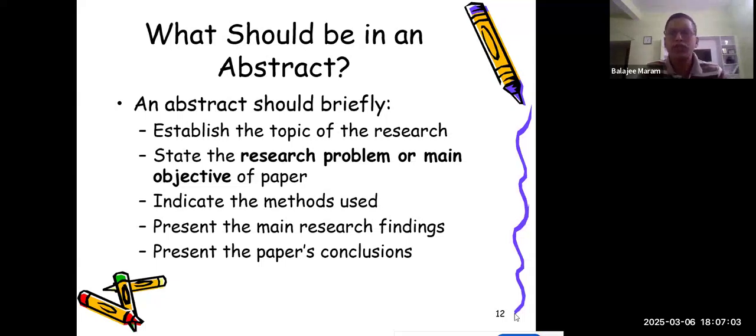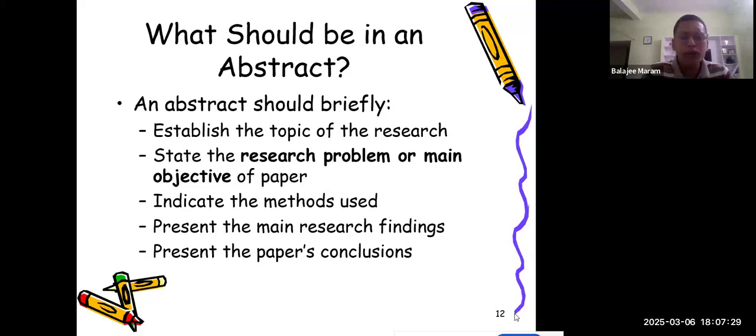Means what type of methods or algorithms you have used for preparing this particular paper. Fourth one, present the main research findings. Means you have done some research and you have found or achieved something during your research, so you need to present the main research findings.